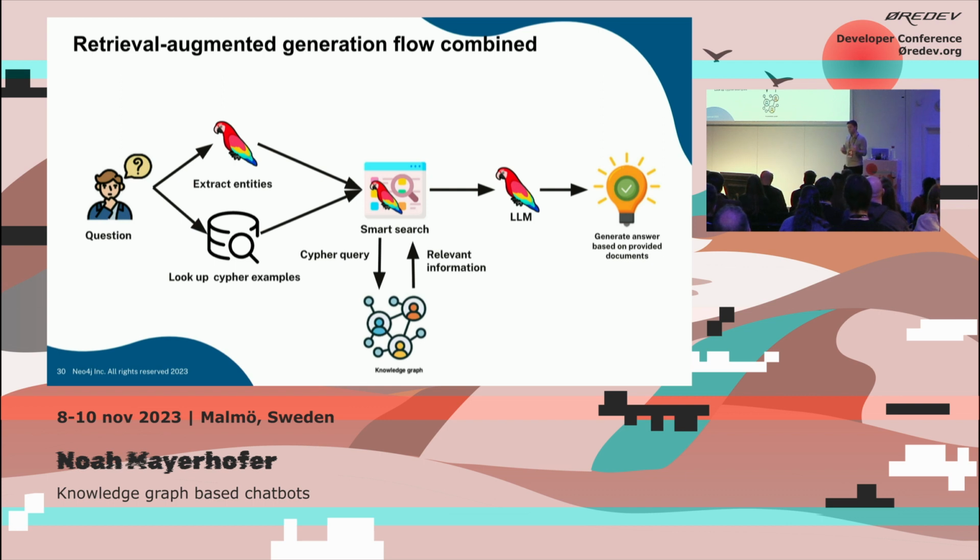And what we can do then is find questions that are similar, and Cypher queries that answer similar questions. So when asking who is the CEO of Neo4j, we can have a question in the database saying who is the CEO of Amazon. Then we can send that to the LLM creating the Cypher query, and it will understand that I just need to replace Amazon with Neo4j.